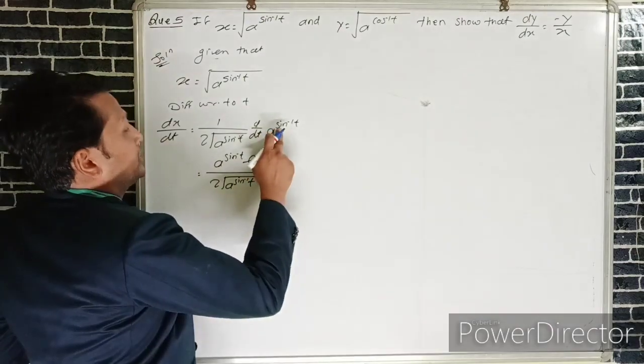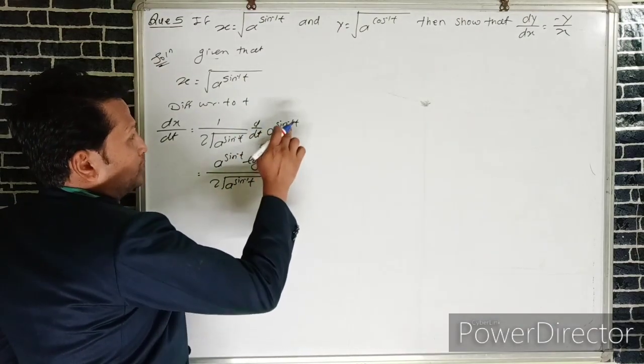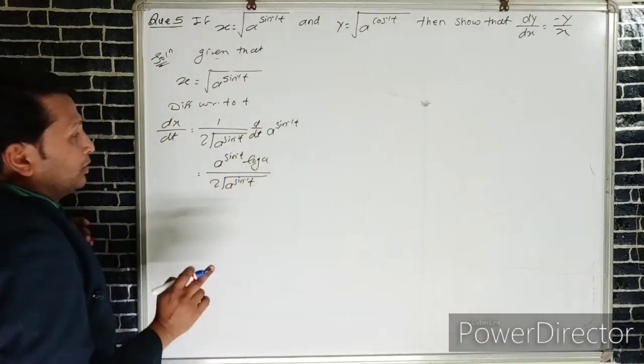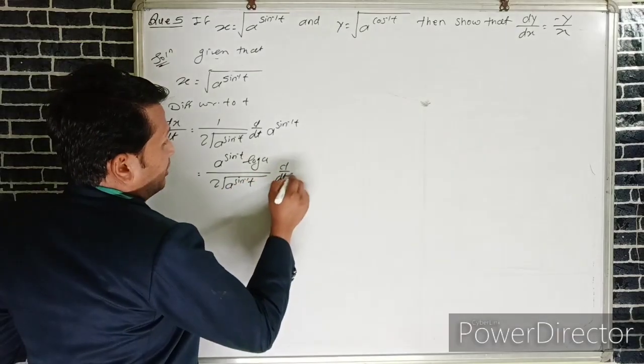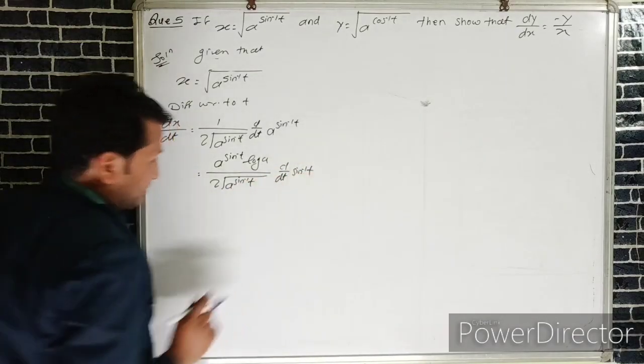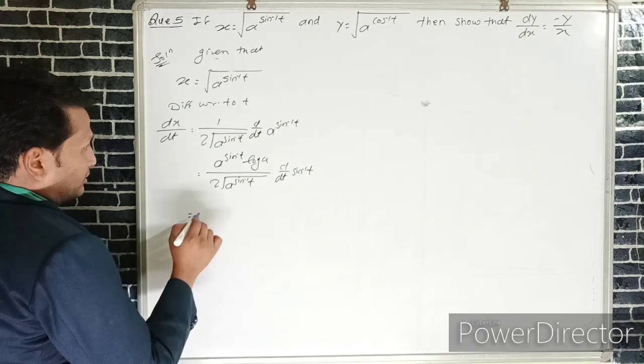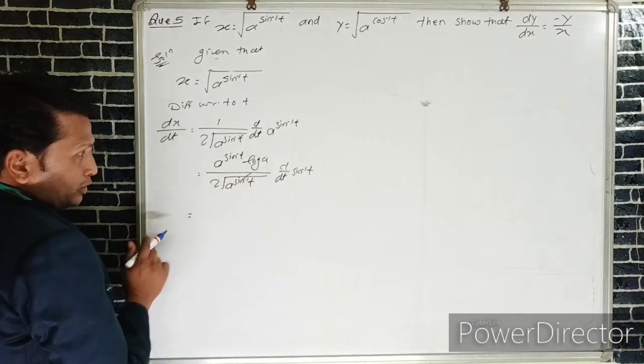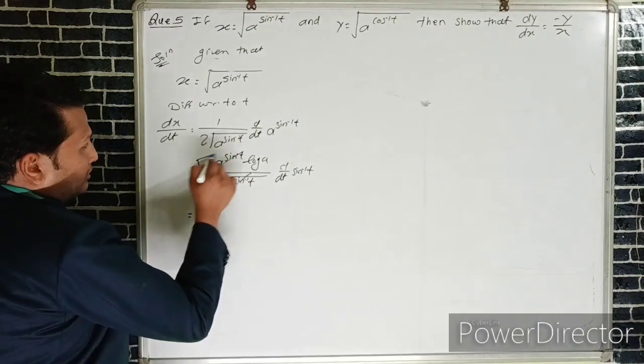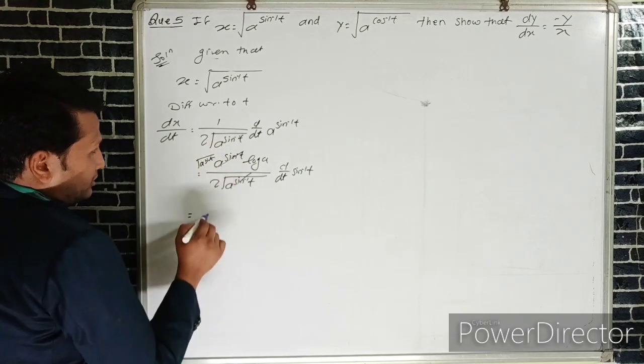Here sin inverse t is a parameter. We consider that this function is a function of t, and we take again the derivative of sin inverse t. This under root and this cancel, remaining a raised to the power sin inverse t.